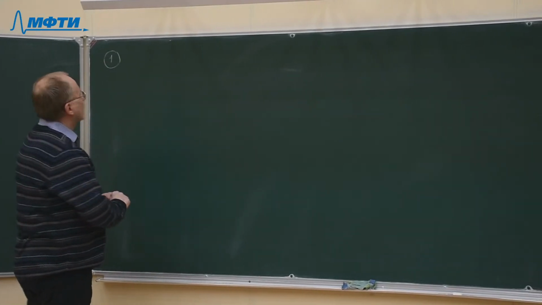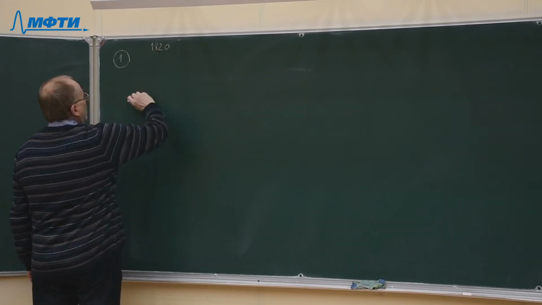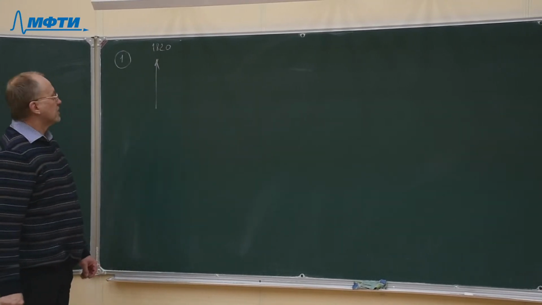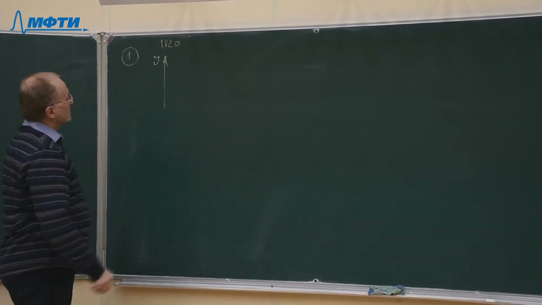was established by Ørsted in 1820, and it was related to a straight wire with constant current.